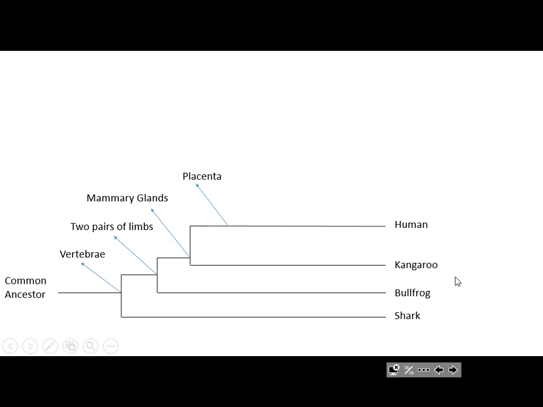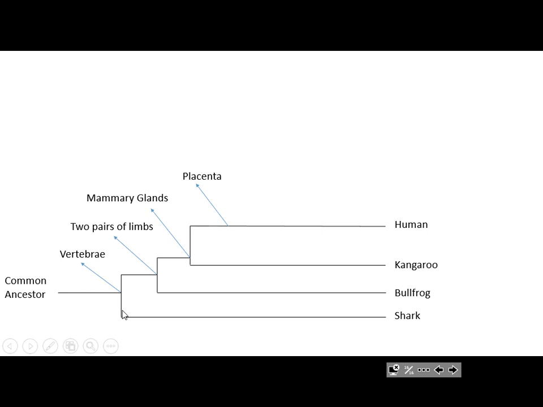Now, what is the common ancestor of all of these things based on our diagram? The shark, right? Because we trace it all the way back the furthest. The shark.